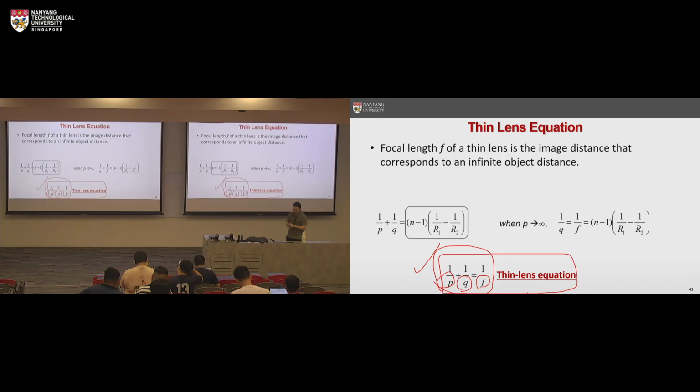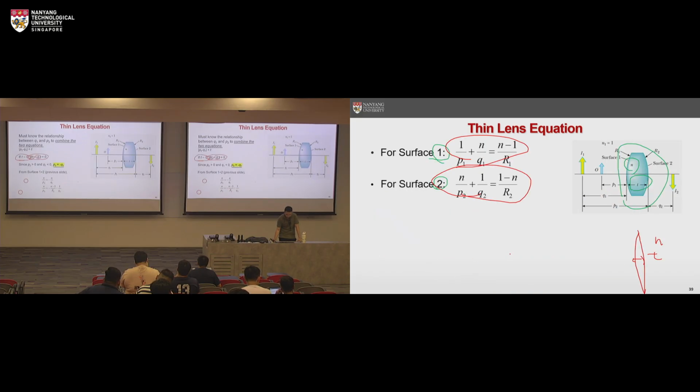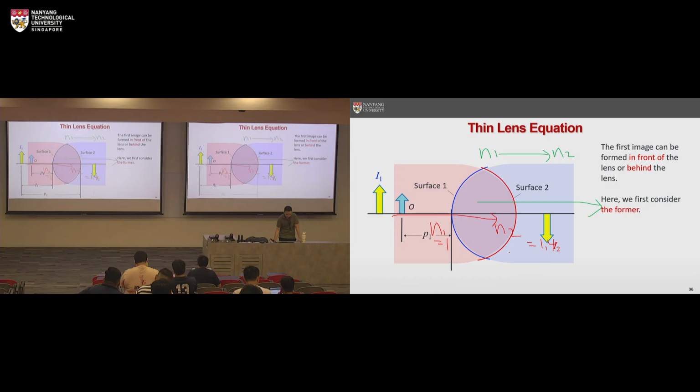So what's the difference? Although they are always defined the same, P is object distance, Q is image distance, F is focal distance, students usually get the sign wrong.